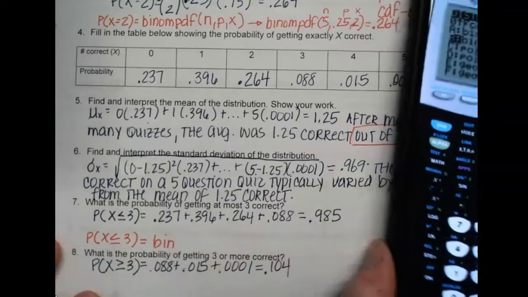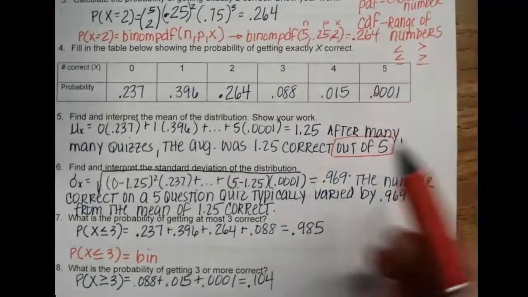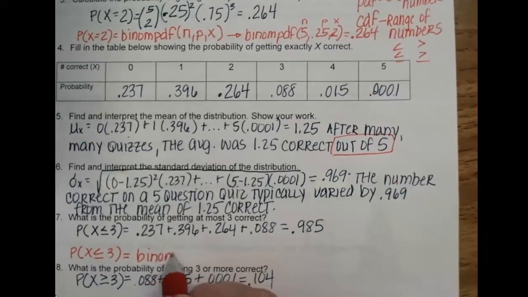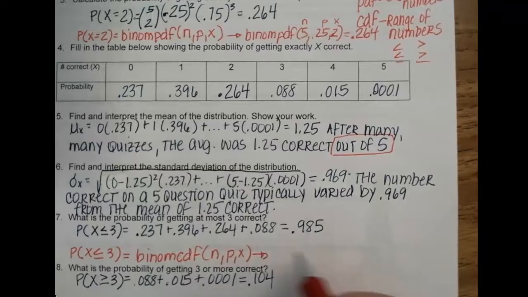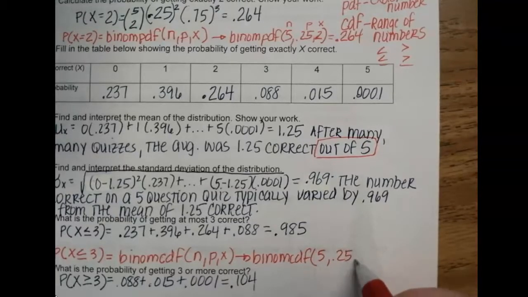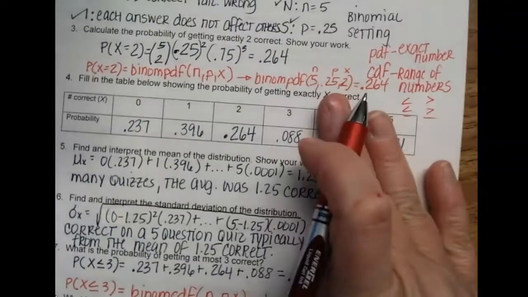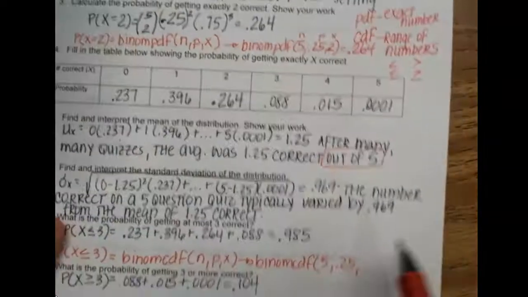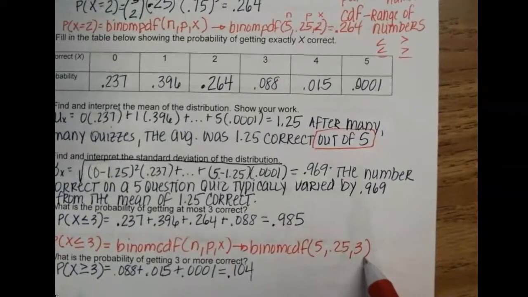If you choose to do the shorter way like I showed right here, that's fine. Binomial CDF, and we're going to input N, P, and X, and it's going to look like this: 5, our probability is 0.25, and I want to know all the way through 3. And I'm still going to get the same answer.